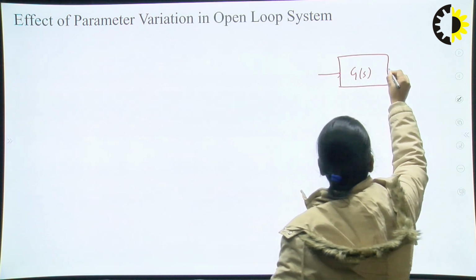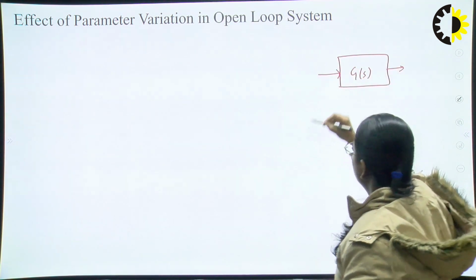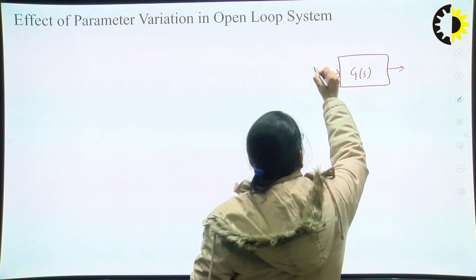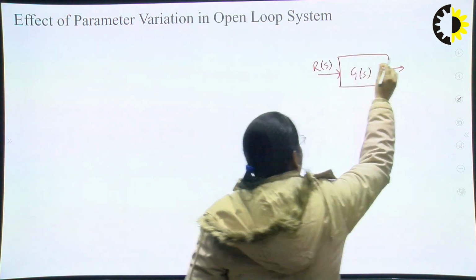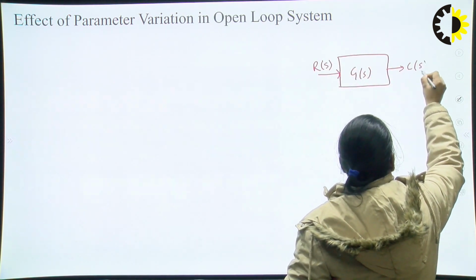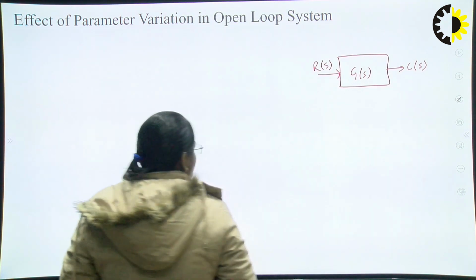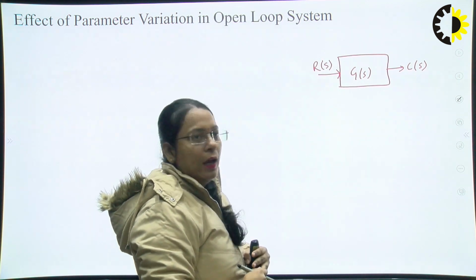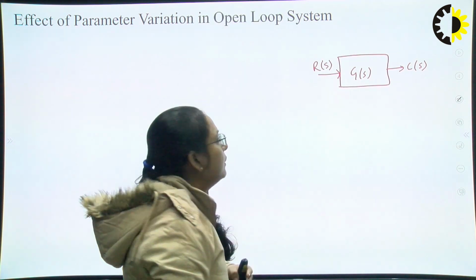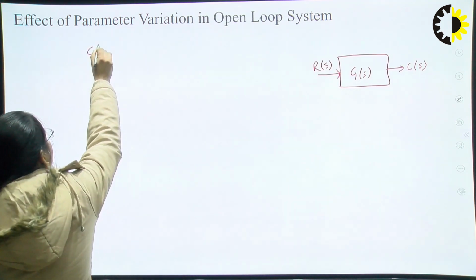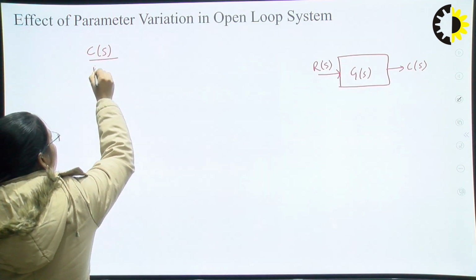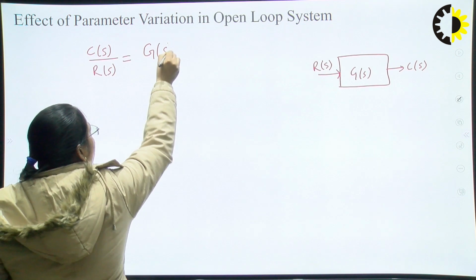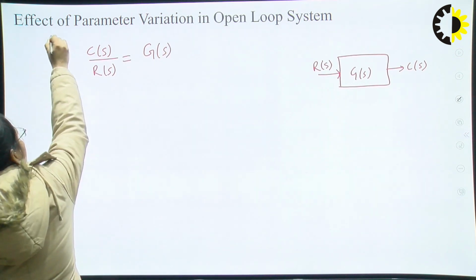As you know, the block diagram for the open loop control system is this, where G(s) is the gain of the system, R(s) is the input to the system and C(s) is the output of the system. So the transfer function of the system can be written as C(s)/R(s) equals the gain of the forward path, that is G(s). I'm talking about the open loop system.